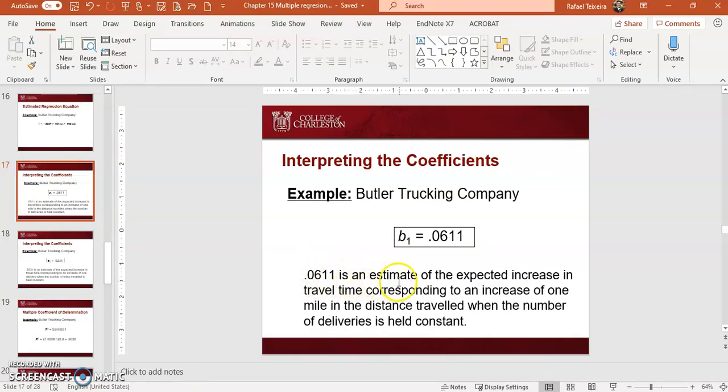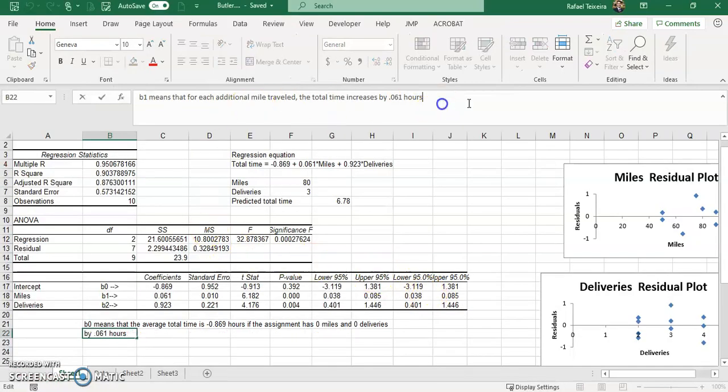0.0611 is an estimate of the expected increase in travel time corresponding to an increase of 1 mile in the distance traveled when the number of deliveries is held constant. Okay, so the only thing missing for me here is B1 means that for each additional mile traveled, the total time increases by 0.061 hours, holding constant the number of deliveries, which is the other independent variable.